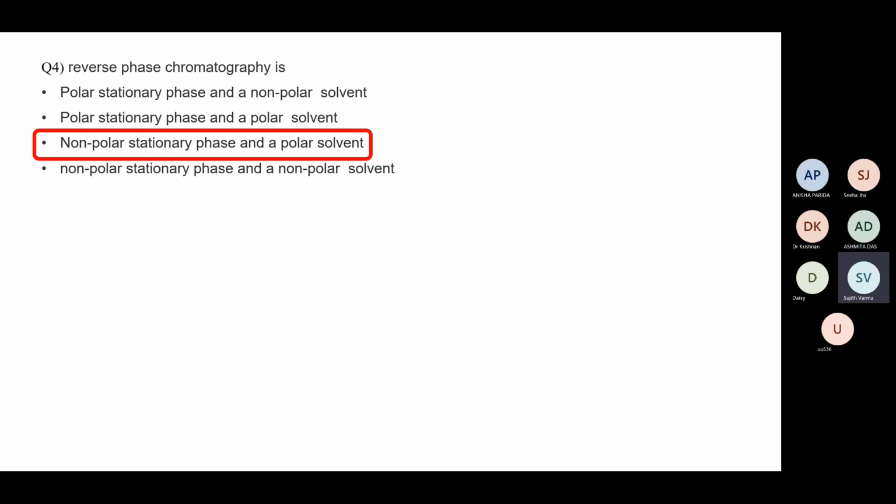Non-polar stationary phase and a polar solvent. Okay, and what is it like in normal chromatography? What is the stationary phase and mobile phase? It will be a polar stationary phase.